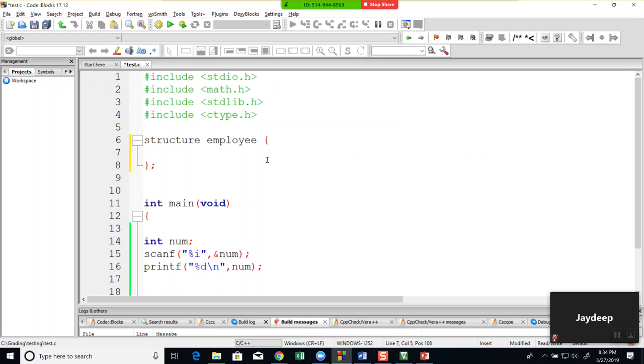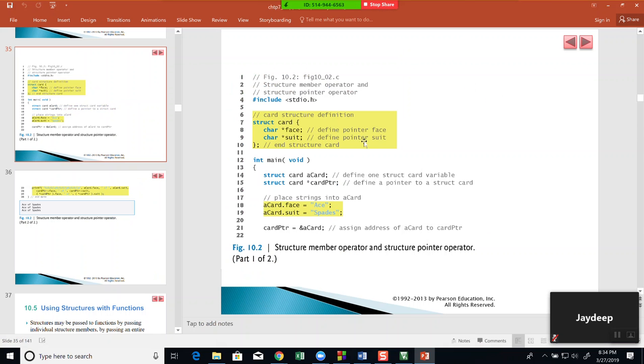And we have the salary. This is where we're defining our different variables. Now down here, to create an instance of it, thinking in terms of objects, you do struct card, which matches that name, and then what you want to call it.